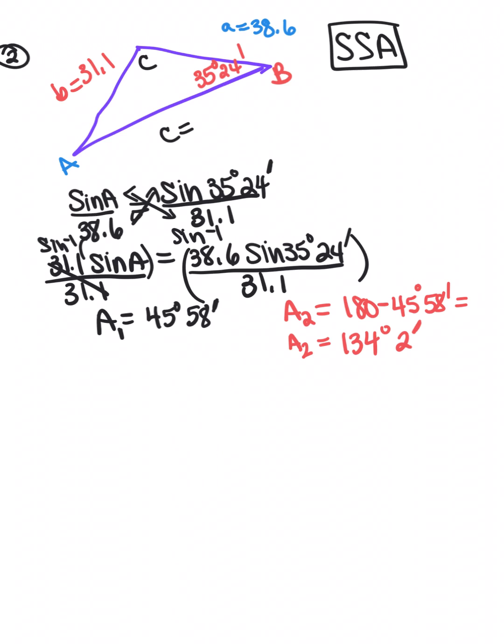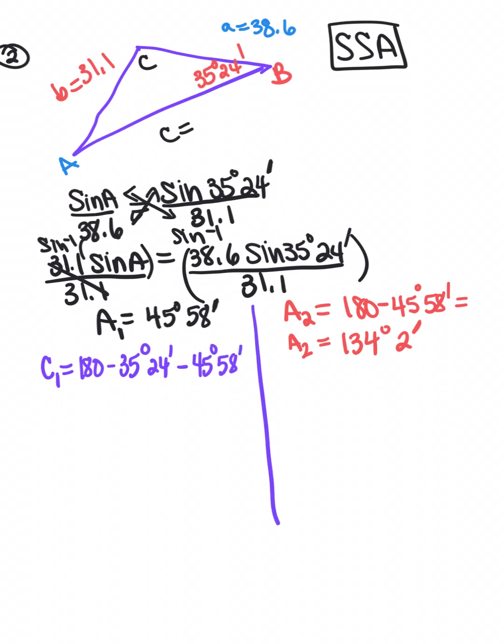So now we're going to find angle C. To find angle C1 will be 180 minus angle B, which was 35 degrees 24 minutes, minus our A1, which was 45 degrees 58 minutes. And that will give me, don't forget to make it DMS again, so that will give me 98 degrees 38 minutes.